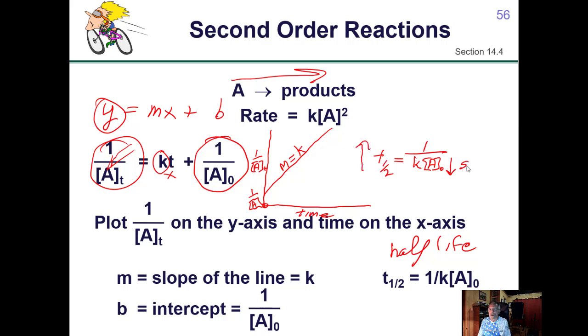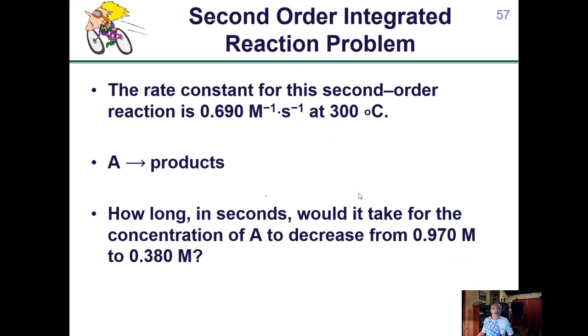So smaller concentration and longer half-life. And that's for a second order reaction. And exactly the opposite, if you have a higher concentration, you have a shorter half-life. Okay? All right, so let's work a problem in second order kinetics.